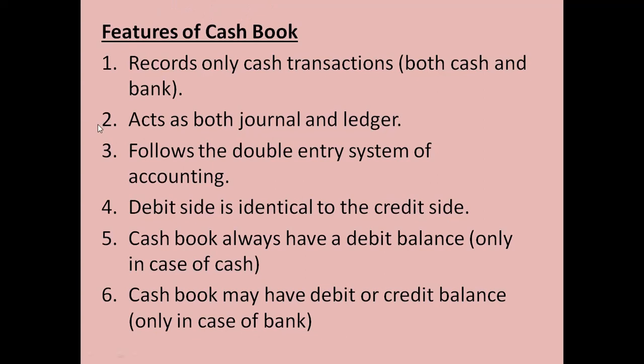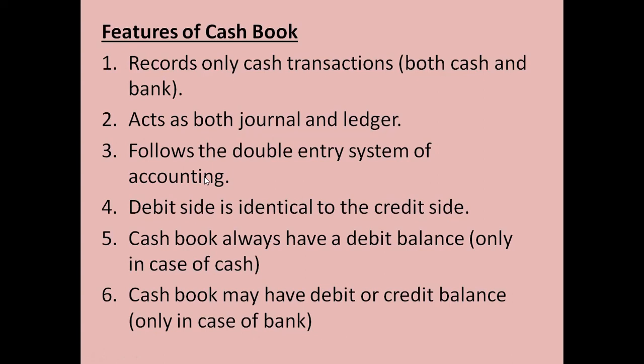Point number two, it acts as both journal and ledger. Yes, the cash book has the feature of both journal and ledger. Point number three, it follows the double entry system of accounting.